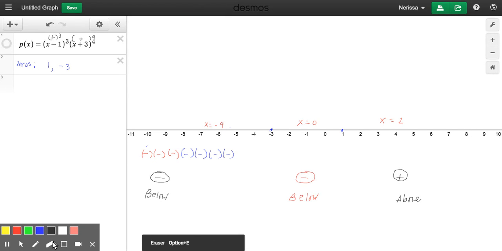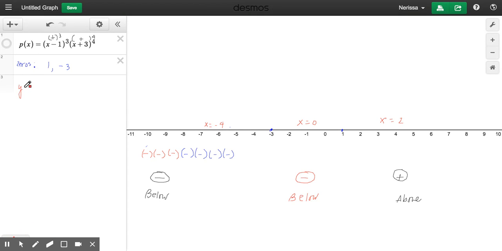Okay, so now we are almost ready to sketch. We just need to find the y-intercept. The y-intercept is p of 0. So p of 0 is equal to 0 minus 1 cubed times 0 plus 3 to the fourth, which is negative 1 cubed times 3 to the fourth.